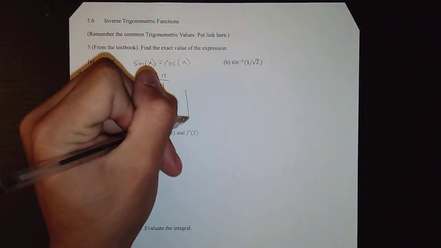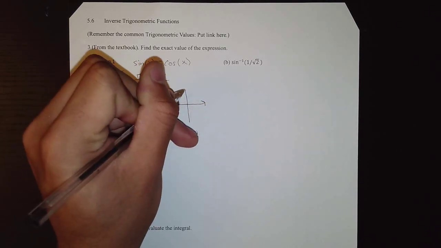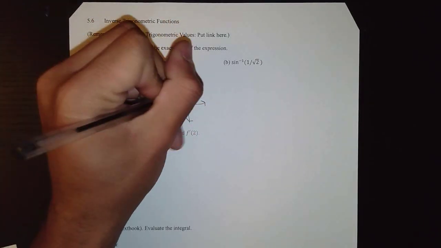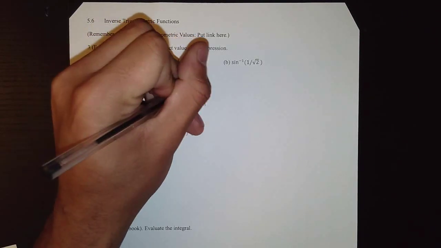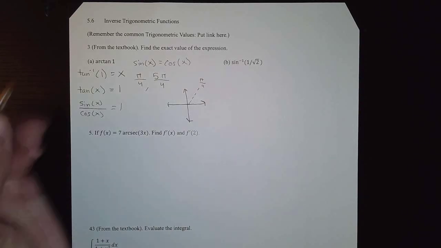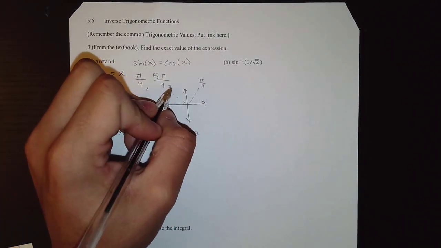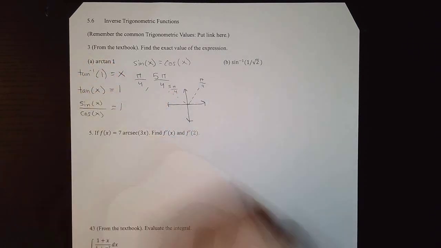So visually, this is pi divided by 4, and this is 5 pi divided by 4.